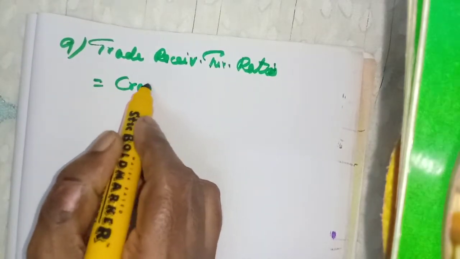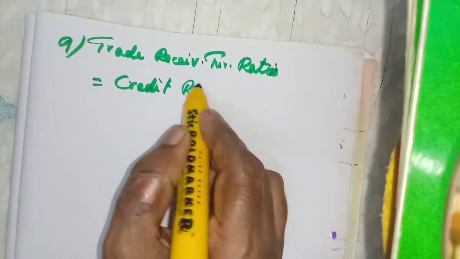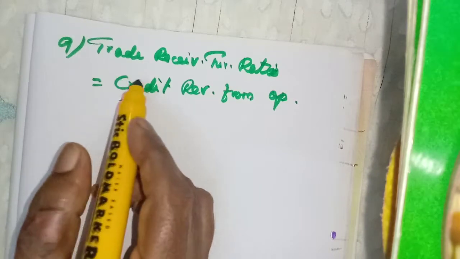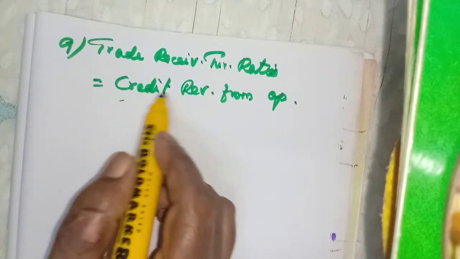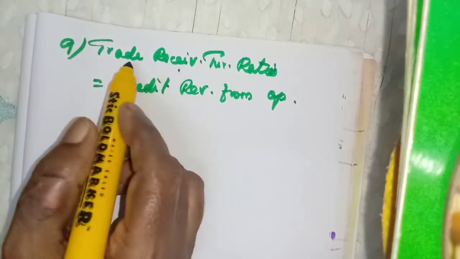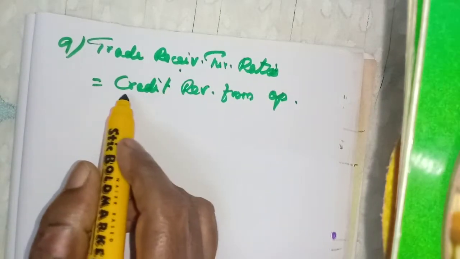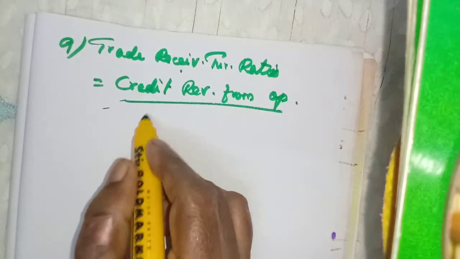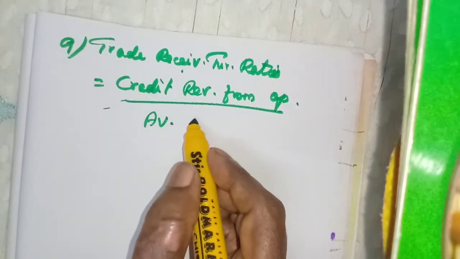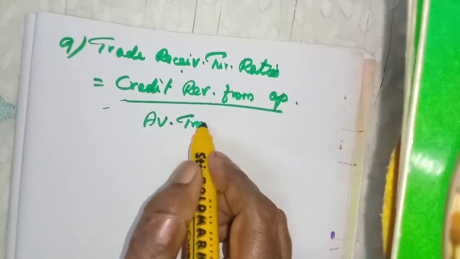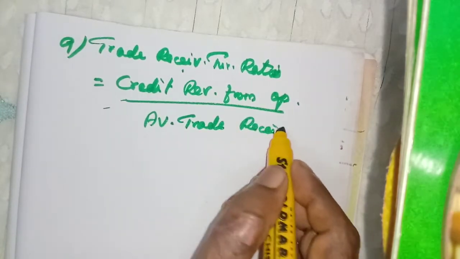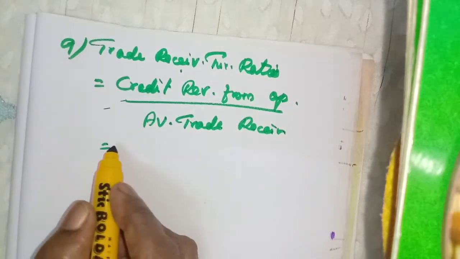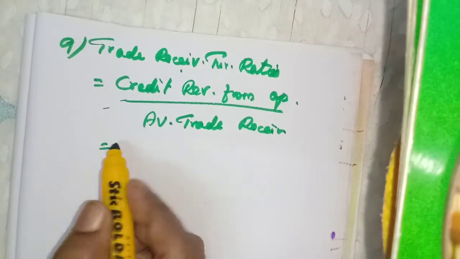Credit revenue from operation, it is related to sales. This trade receivable means the credit sales that we have made, isn't it? So that is why we are taking credit revenue from operation divided by average trade receivables.